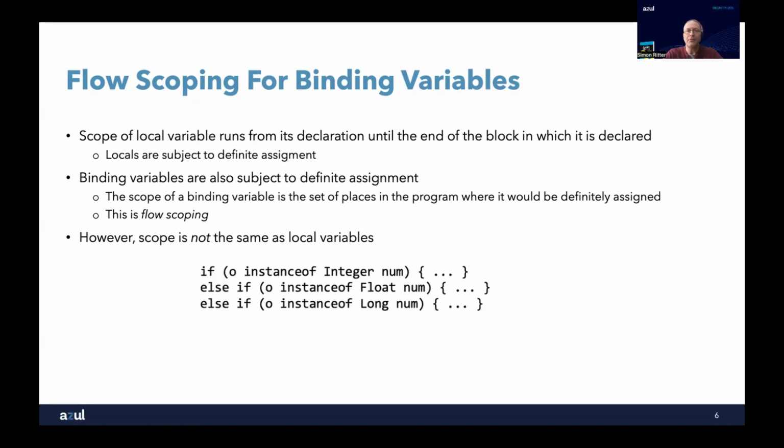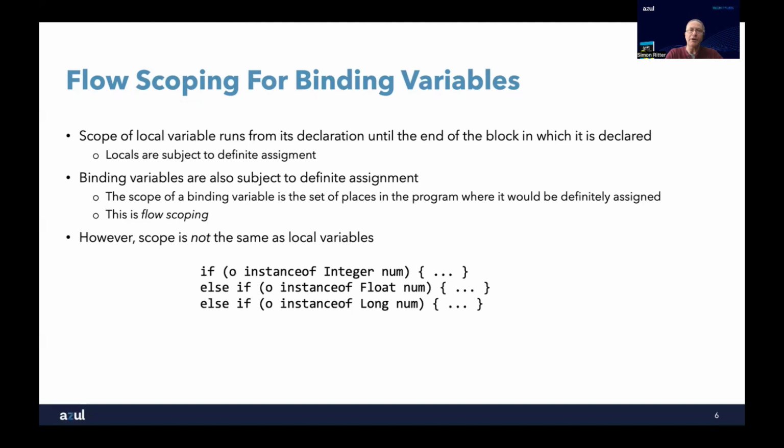And we can look at an example of that because one of the things we can do, which we couldn't do with a local variable, is this. We can say if o instanceof Integer and then use a pattern variable called num. And then if that fails, we can have else if o instanceof Float. And then we can reuse num as our variable name, remembering that the scope of num will only be in the true branch of each of those parts.